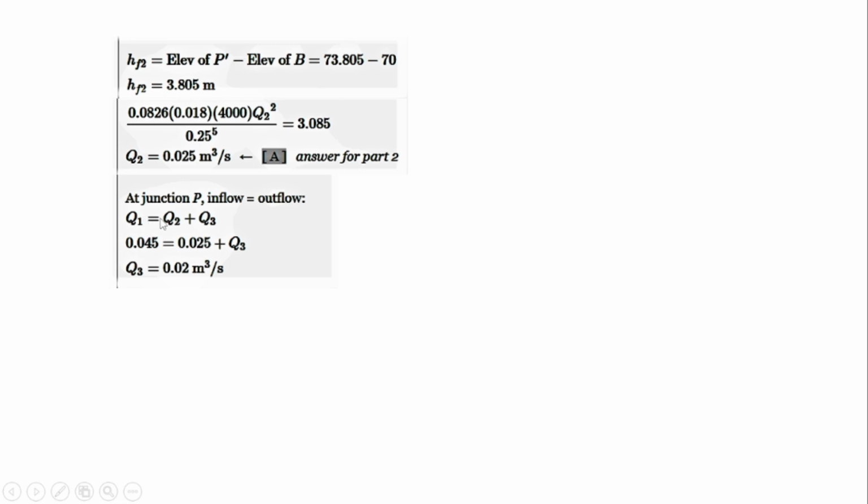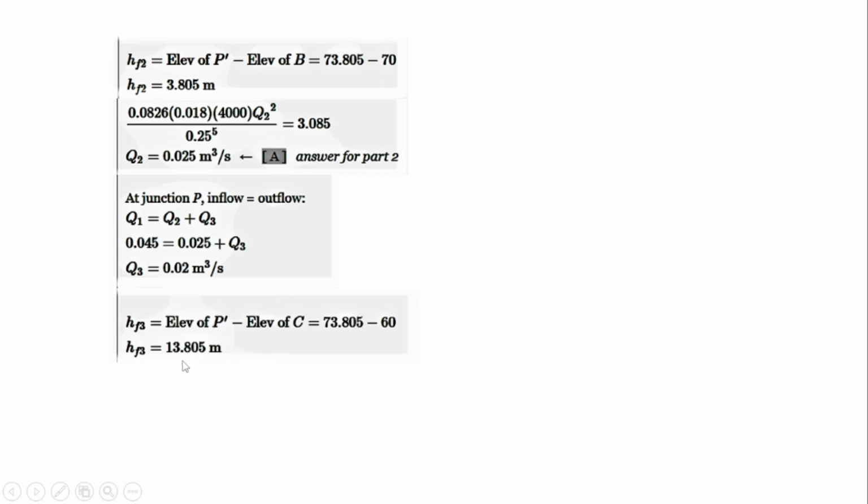So Q1 is equal to Q2 plus Q3. So 0.045, which is our Q1, which is given, is equal to Q2, 0.025, plus Q3. Therefore, we can now solve for our Q3, which is equal to 0.02 cubic meter per second.